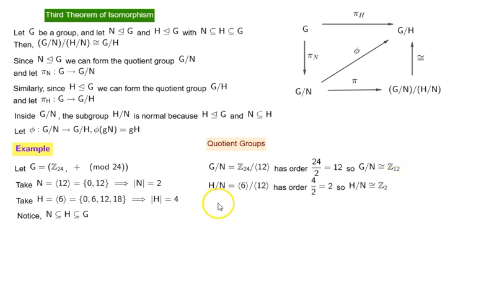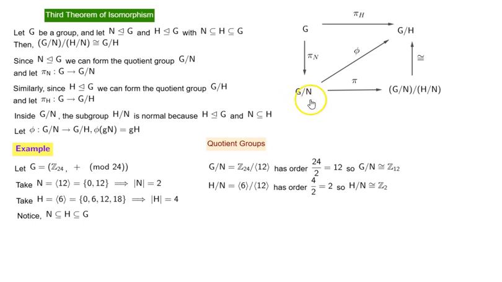Okay. What about H/N? The quotient group is equal to the subgroup generated by 6 by the subgroup generated by 12. This has the order 4/2 because 6 will generate 4 elements and 12 generates 2 elements. So 4/2, which is equal to 2. So H/N is isomorphic to Z sub 2.